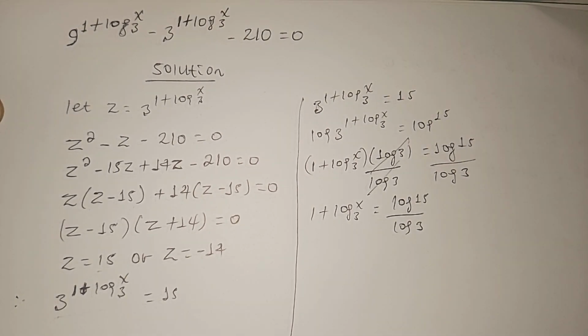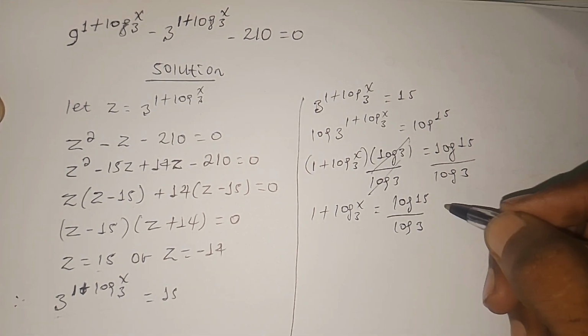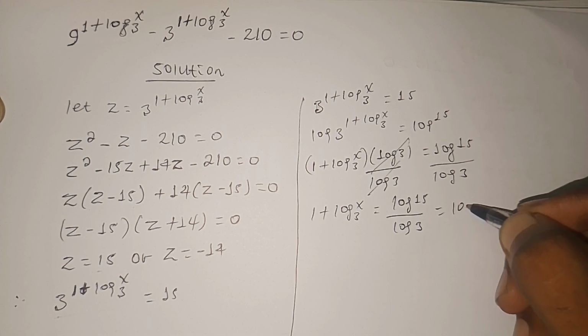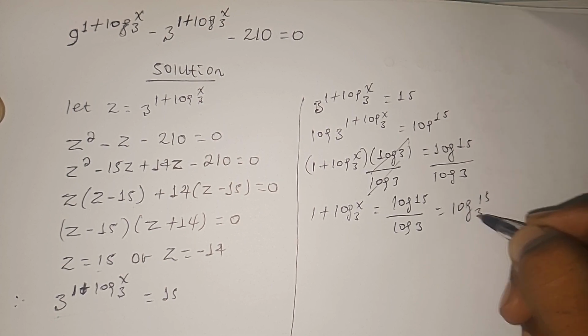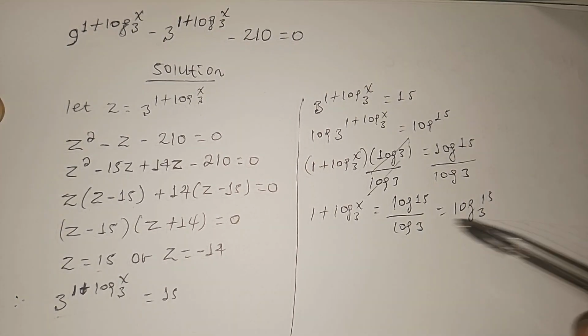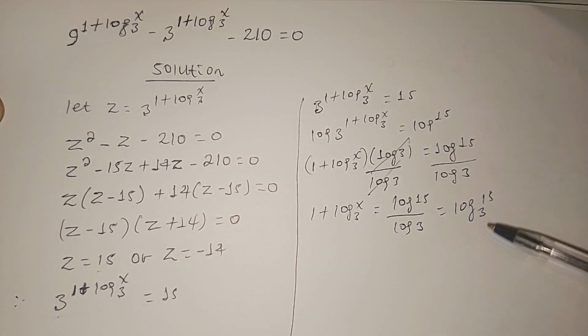This means log 15 in base 3. This value and this value have the same result. This is the logarithmic rule.